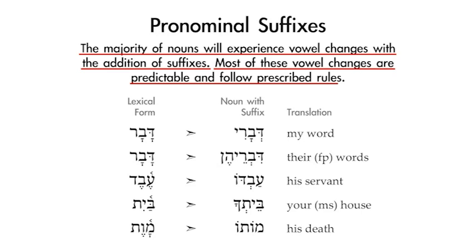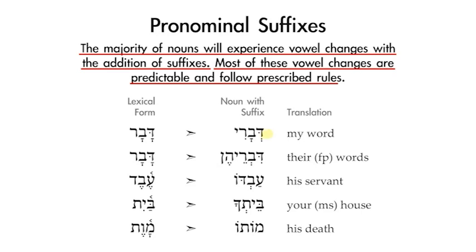And all of these rules are now going to apply to how vowels change when a noun takes a pronominal suffix. Remember, when you add something to the end of a word, it's going to change the accent and syllable structure of that word. And when you change the accent and syllable structure of that word, vowel changes may occur. However, you've become so accustomed to seeing these vowel changes, most of them are predictable and should be no problem for you to identify and understand in context. Let's look at some of these forms together.